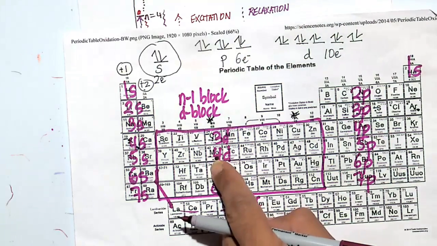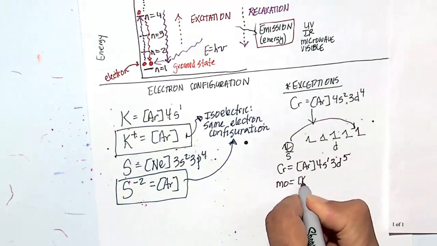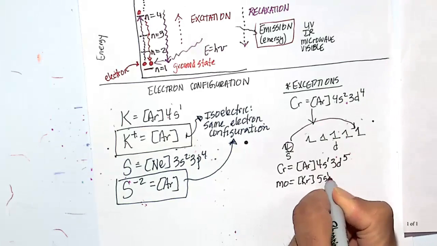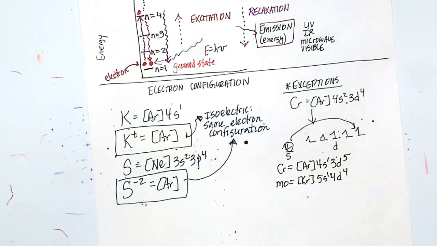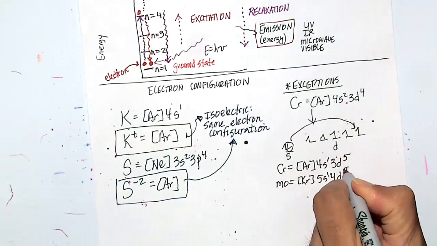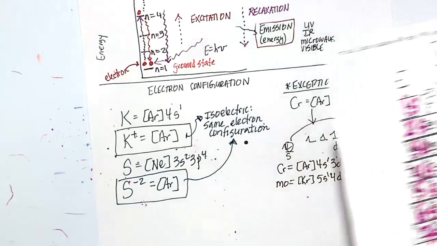Now it's going to be 5s1, 4d5. Again, this just happens by itself.